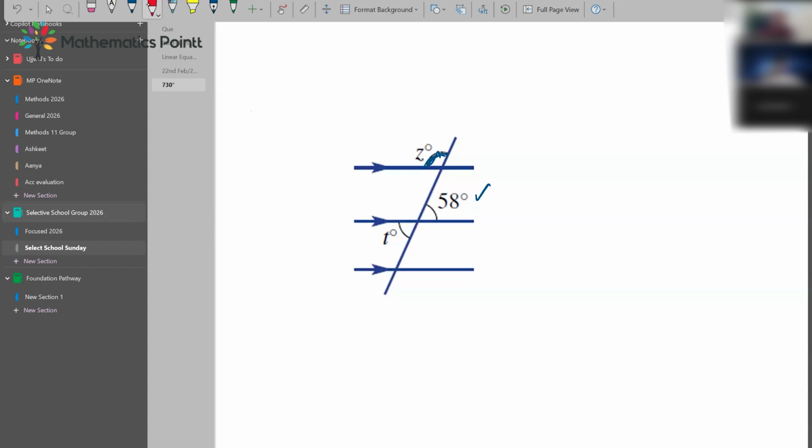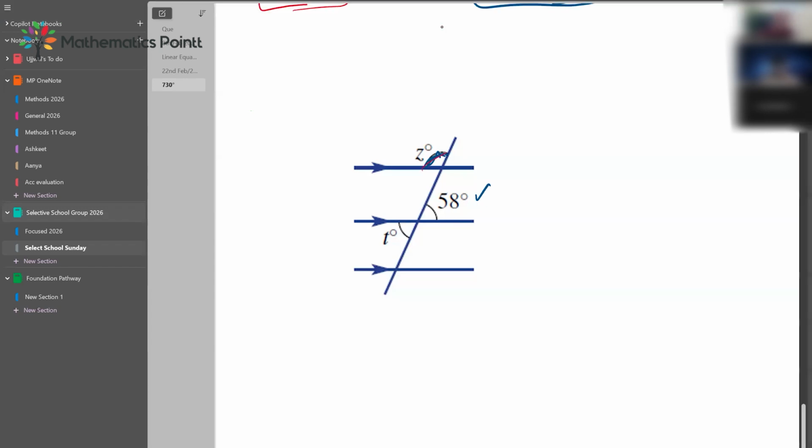Alternate. Did you say alternate? I don't know how it is 58. You told me both are 58. Is there any relationship between this and this? They are not corresponding.